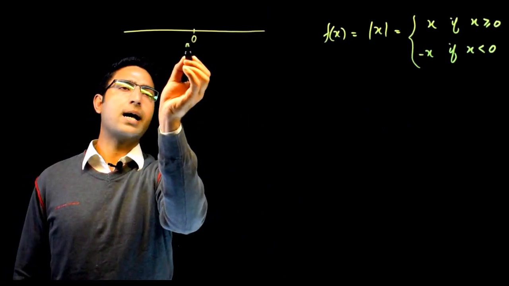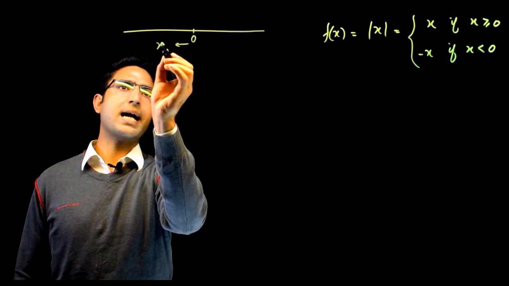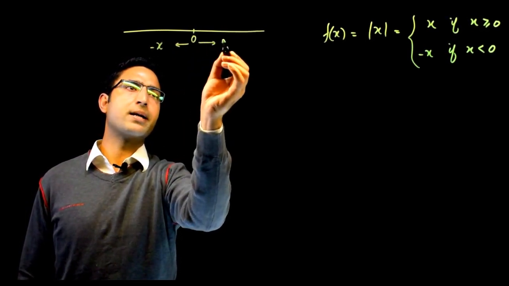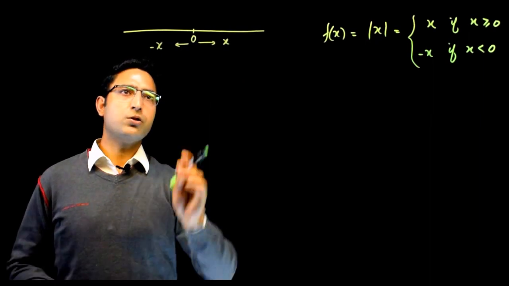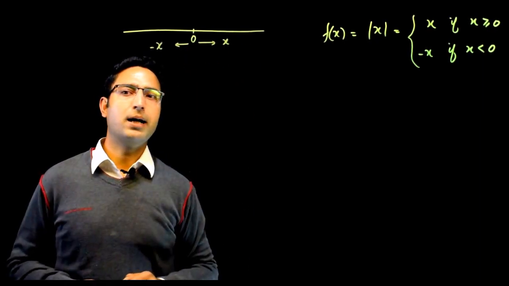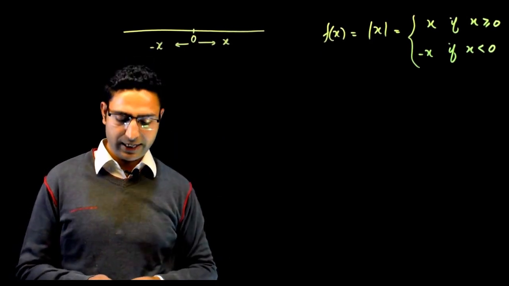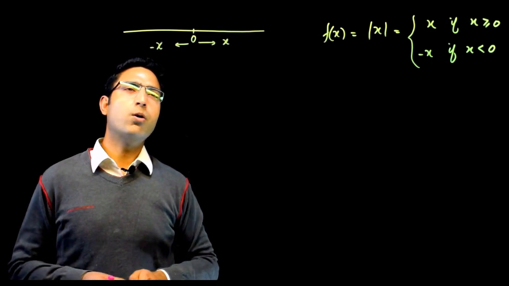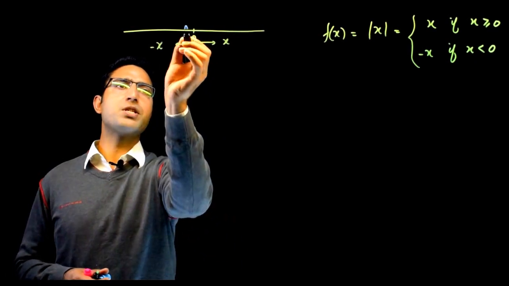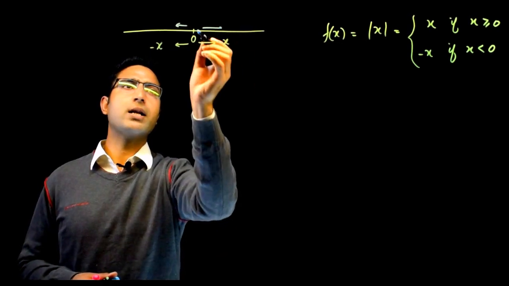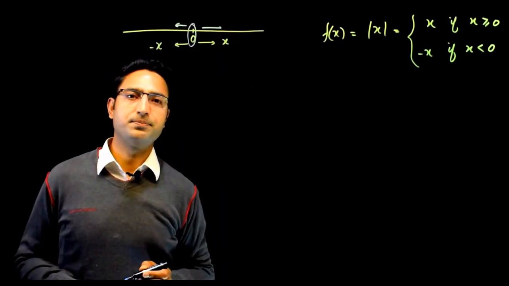For x less than 0, it is defined as minus x, and for x greater than 0, it is defined as x. So this 0 splits the real axis into three cases or three parts. One where we consider all the x's which are to the left of 0, another where we consider all the x's which are to the right of 0, and the third one where we consider 0 itself.